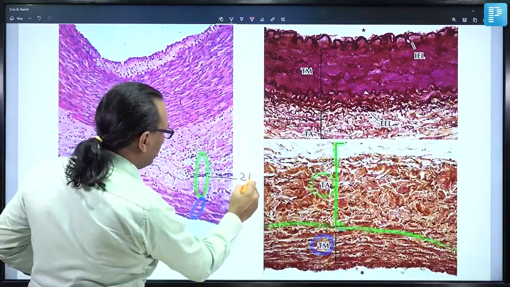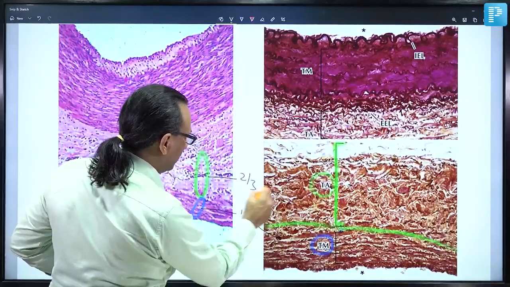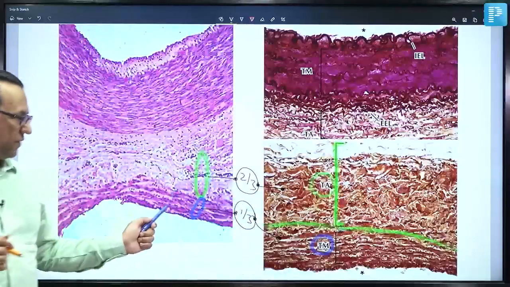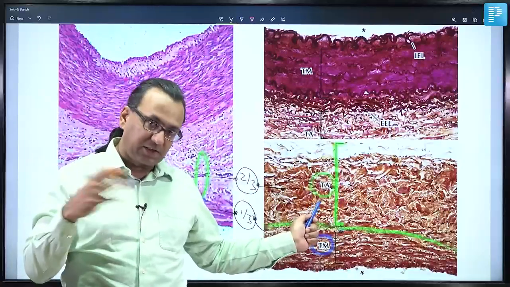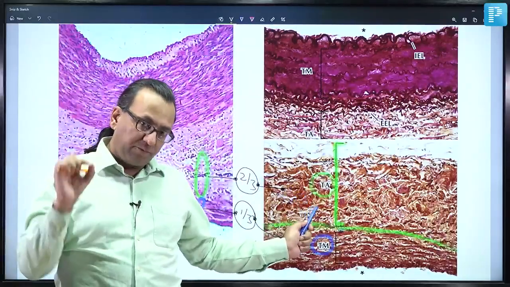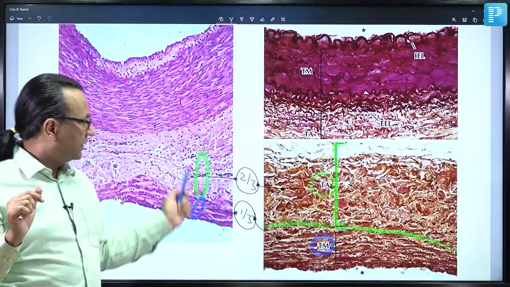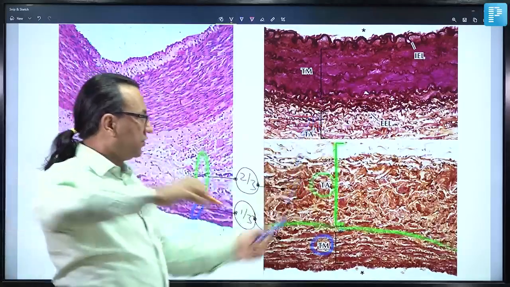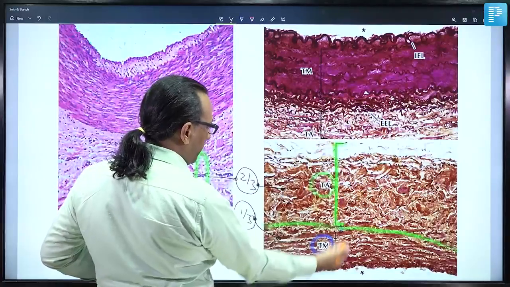Now, once you say 2/3 and 1/3 ratio of the tunica externa and tunica media, you will notice even in case of a vein, the tunica adventitia is made up of collagen fiber, elastic fiber. But additionally, there can be smooth muscle cells as well. See the difference between the tunica adventitia of a vein and an artery: the tunica adventitia of a vein is larger compared with the tunica media.